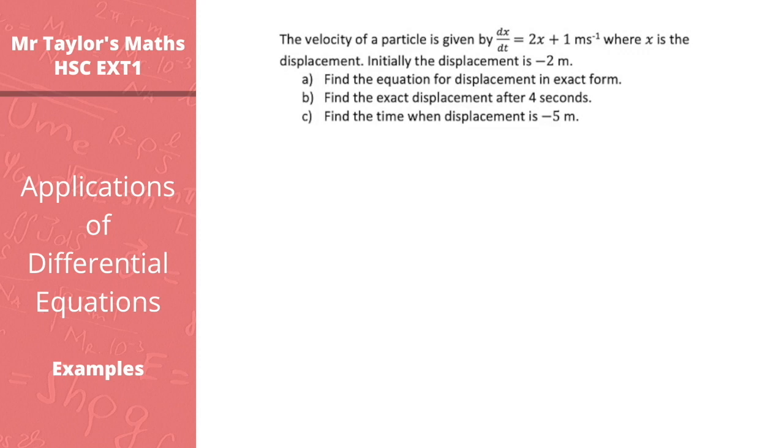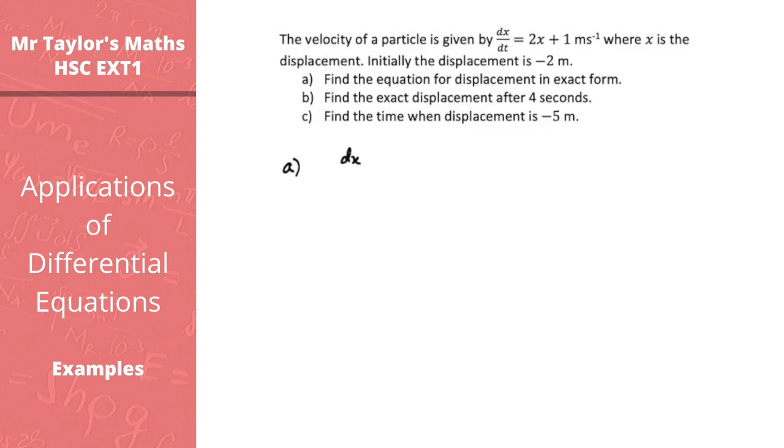Now have a look at that: dx/dt is 2x plus 1. The problem we have here is that we have our velocity in terms of displacement, as opposed to previously where we've had our velocity in terms of time, and then we've got no problem. All we'd have to do is just integrate that. But now we're going to need to do a little bit more work. So let's start with part A.